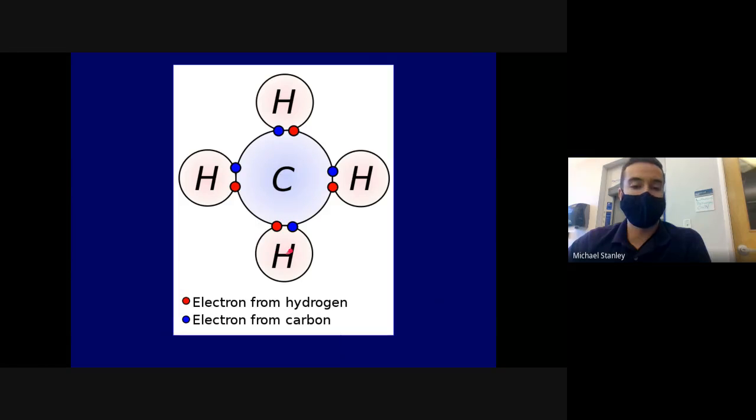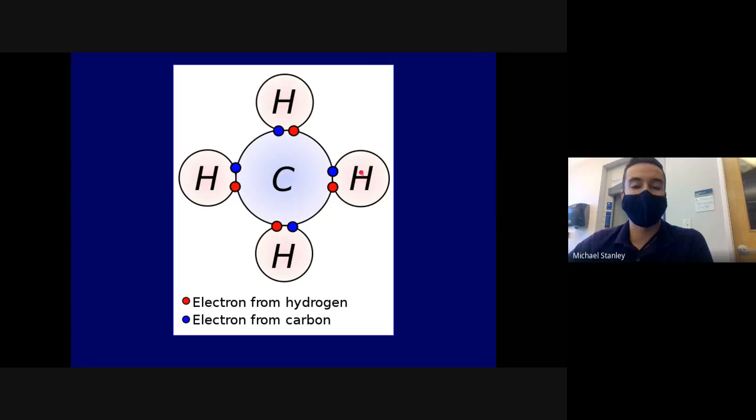So in a covalent bond, the carbon electron and the hydrogen electron are shared with each other. So it's like we added 1 electron both to hydrogen and to carbon. So now this hydrogen is happy because it has 2 outer shell electrons, but carbon still has 3 spots to go.